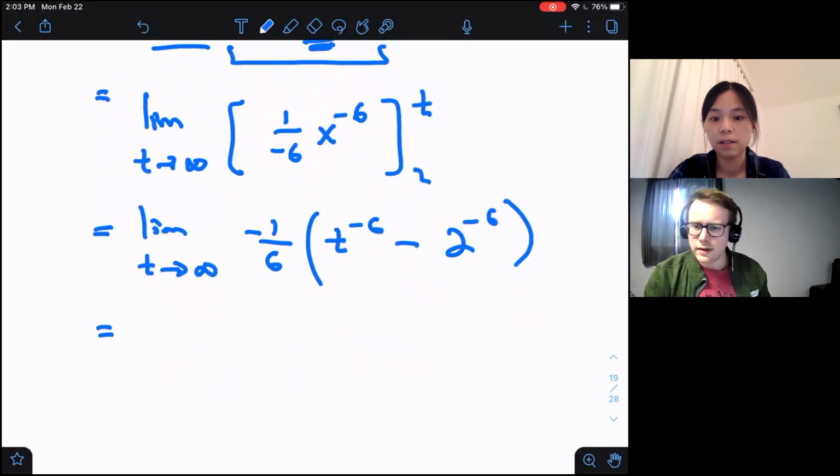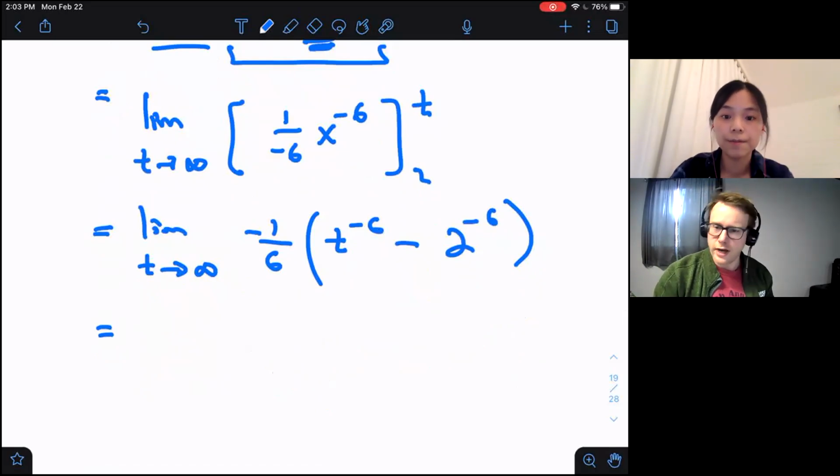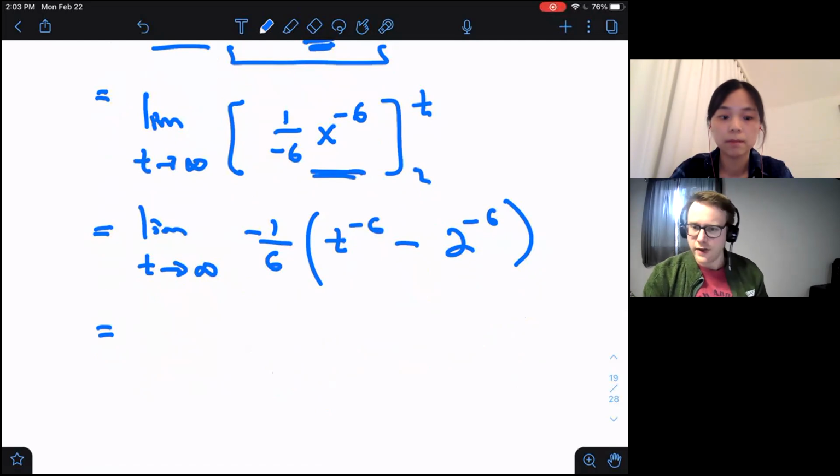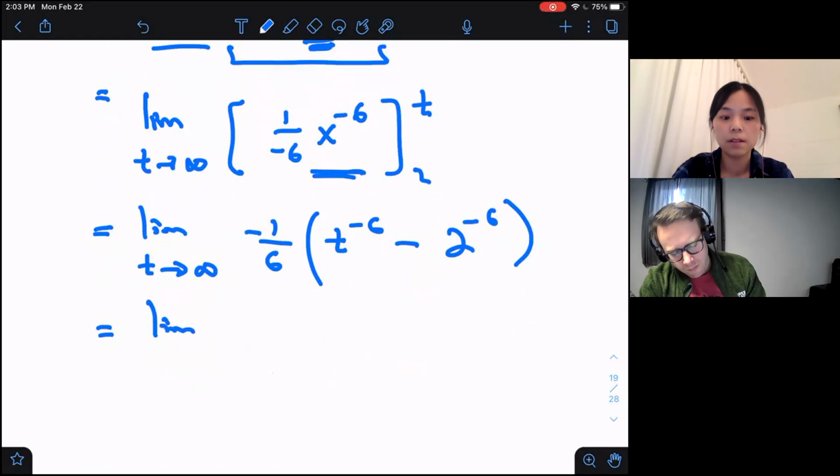When I'm doing calculus, when I'm taking derivatives or integrals, I really prefer having negative exponents personally, because then we can use the power rule and things just flow a lot more naturally. On the other hand, when I'm evaluating functions and doing limits, I prefer not to have negative exponents. So quite often I will take a line to rewrite this.